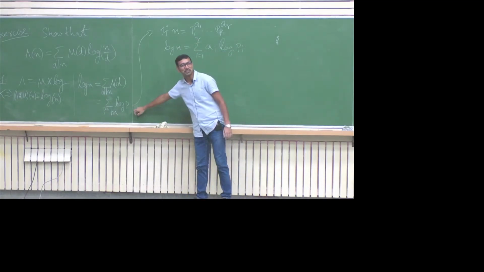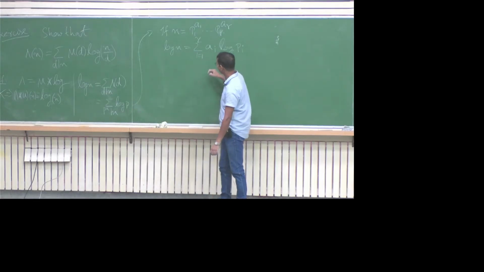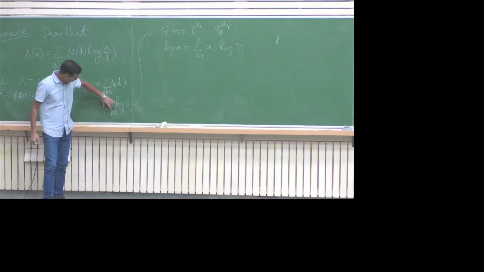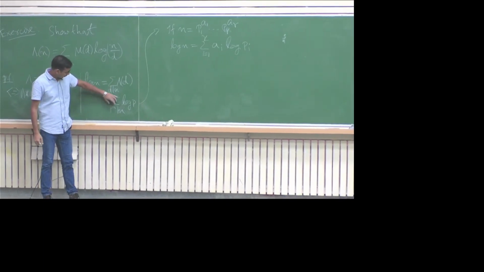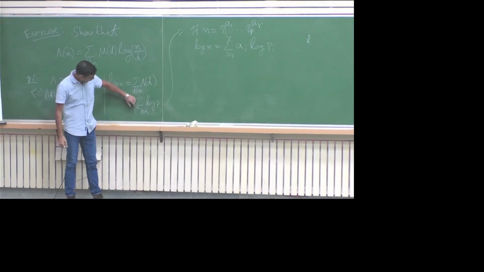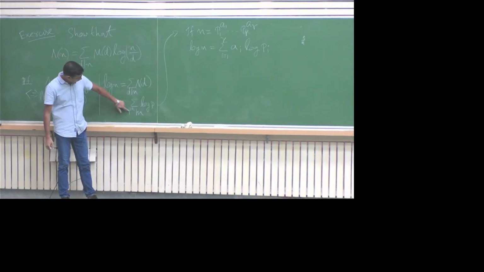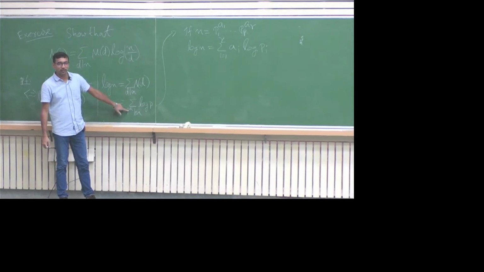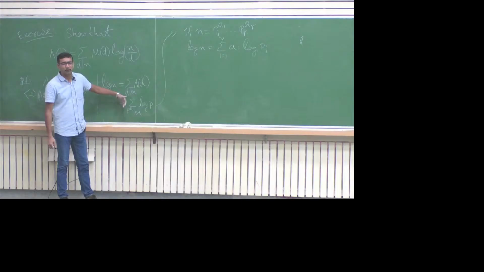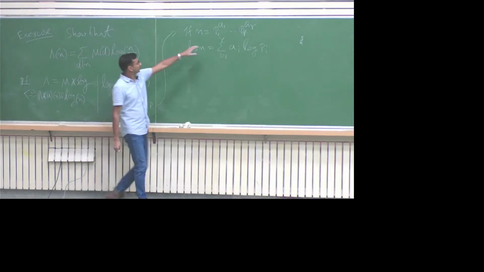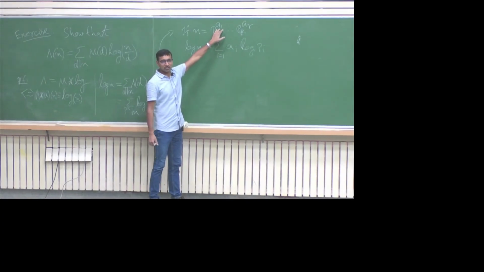Isn't this the same expression? Because here you are counting the primes. You are summing over log p as many times as the power p^k divides this. So you are actually counting p once for p power 1, p power 2, etc. up to p power k. That is, you are counting for all these powers.